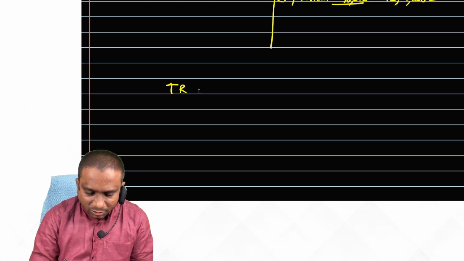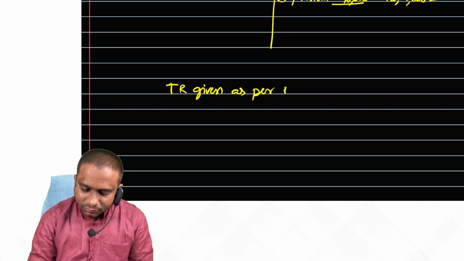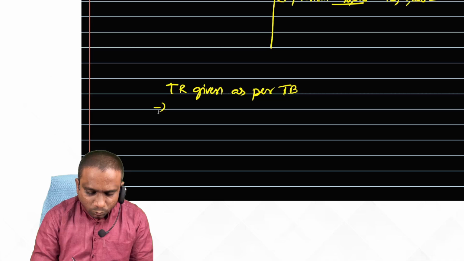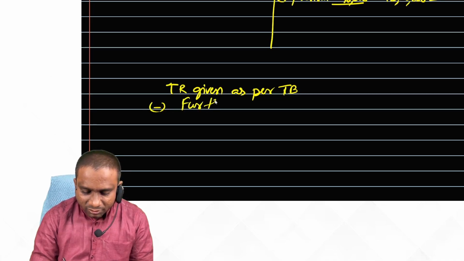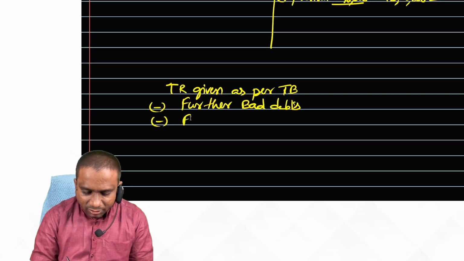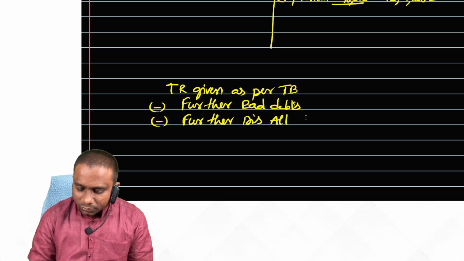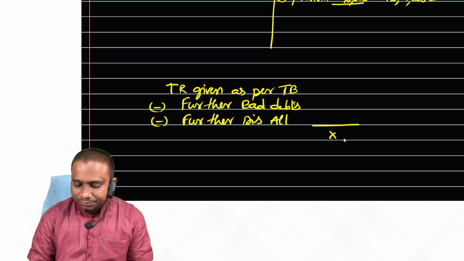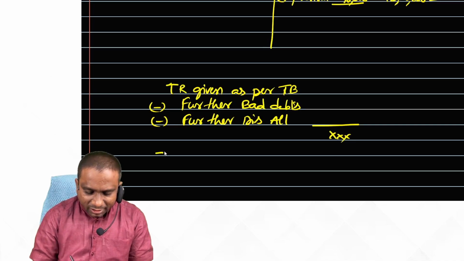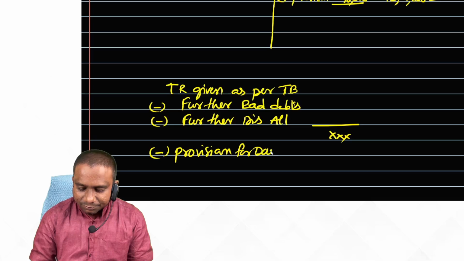Trade receivable given as per trial balance. From this you deduct further bad debts, and also deduct further discount allowed. You get some amount here. On this you can calculate provision. Next, deduct provision for doubtful debts.